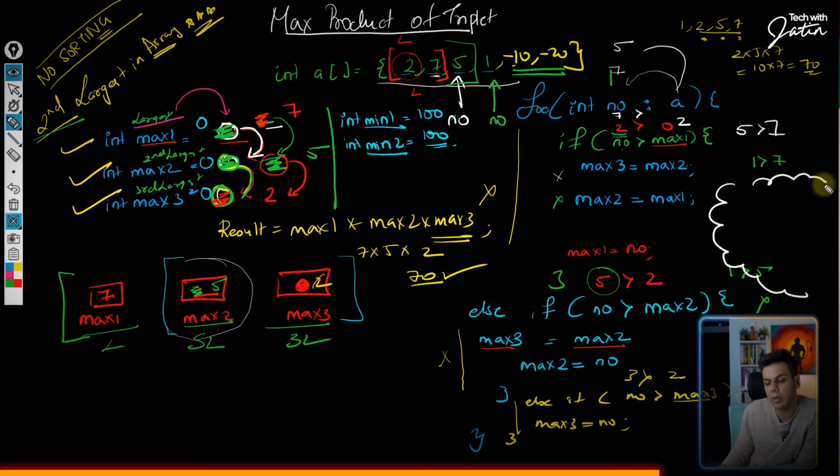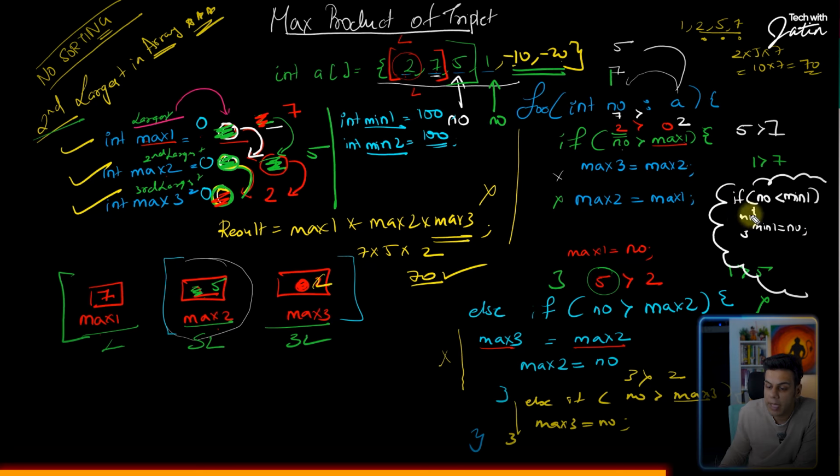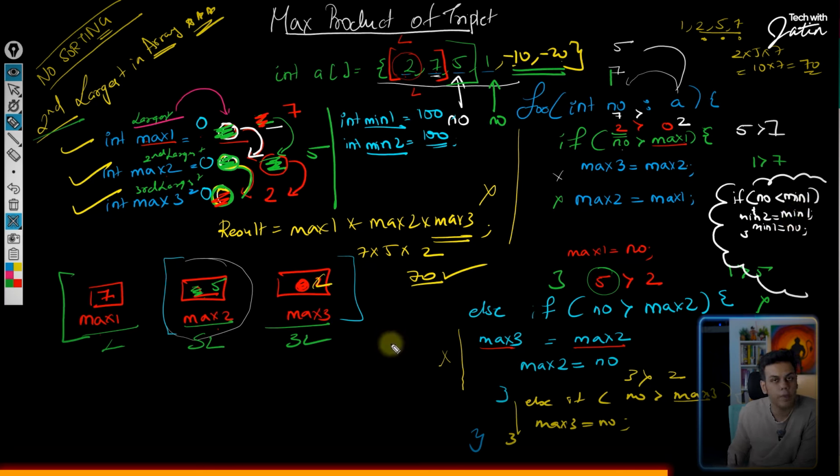If number is less than minimum 1, I'm going to update minimum 1 with number, and whatever is there inside minimum 1, I'm going to give it to minimum 2. This is for the first number because I want to know minimum 1 and minimum 2 also.